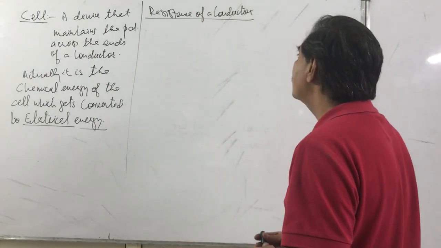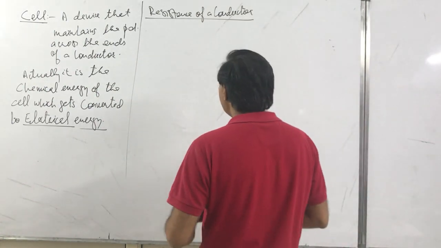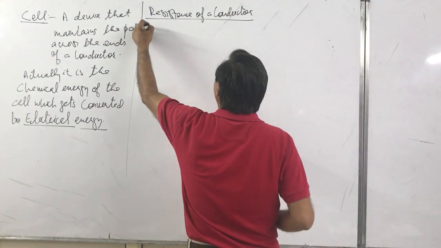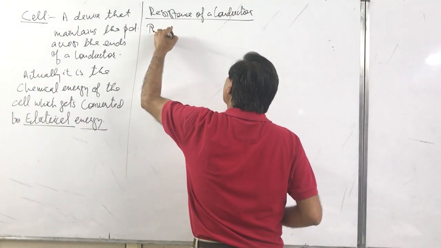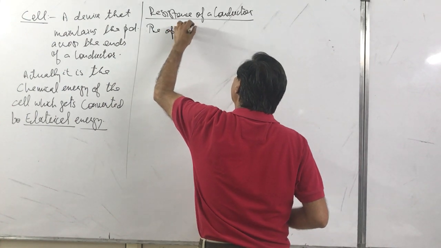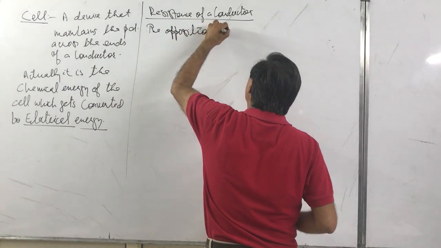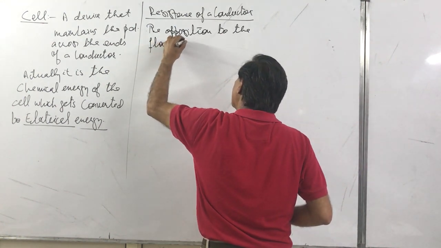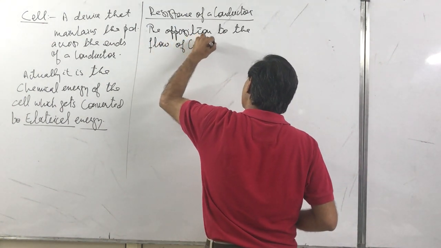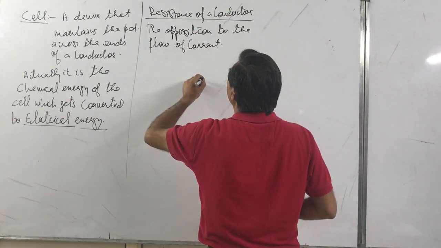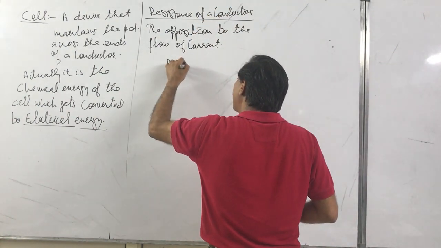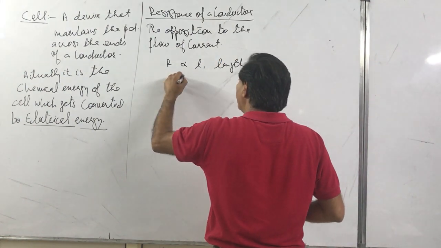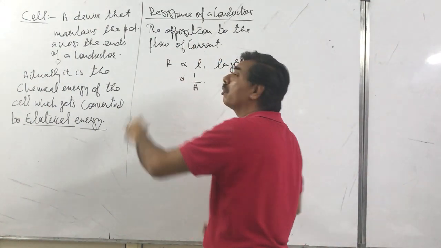Anyways, resistance of a conductor. By this we mean the opposition to the flow of current. The resistance would be directly proportional to L, the length of the conductor. It would be inversely proportional to the area of cross section.